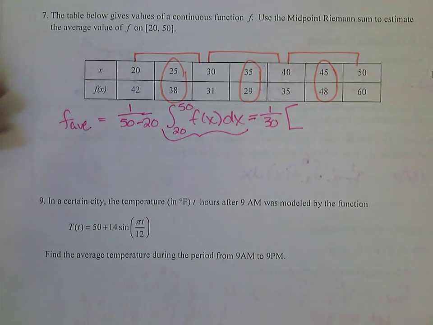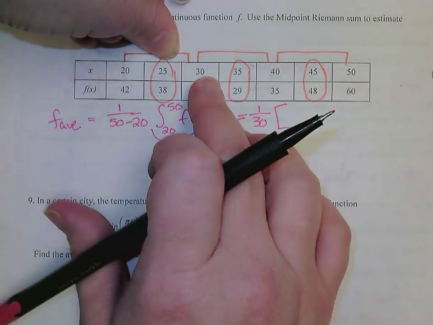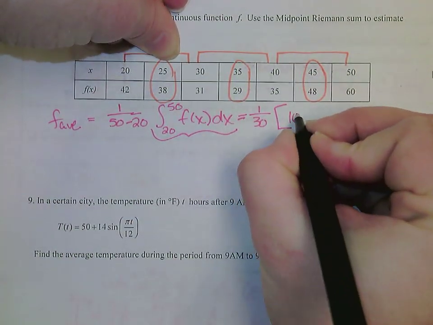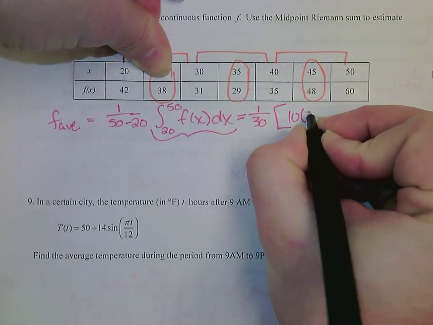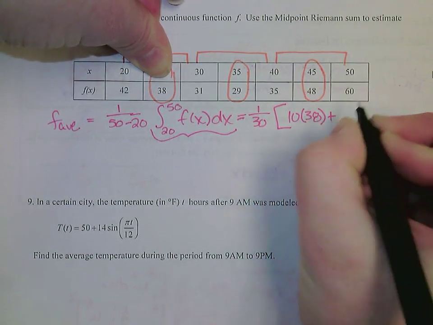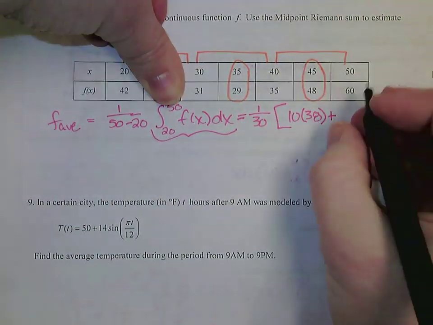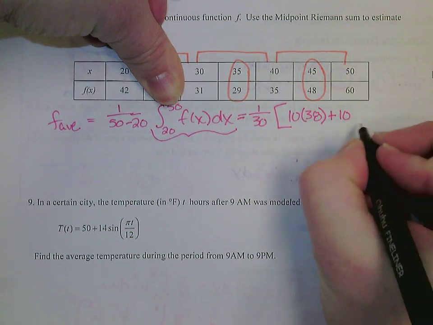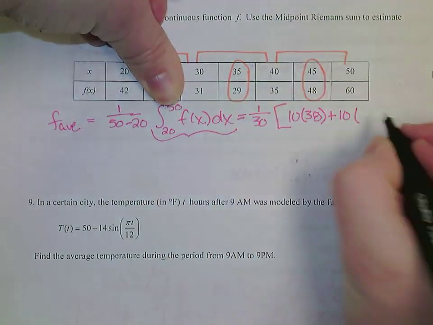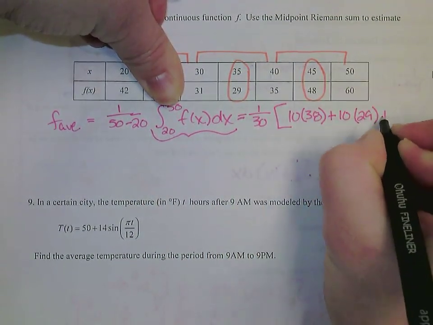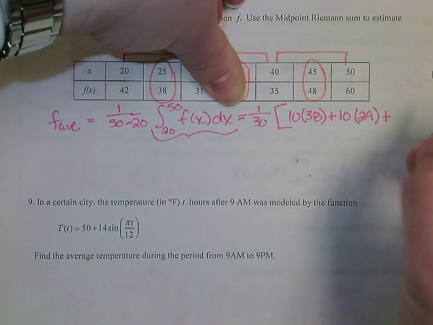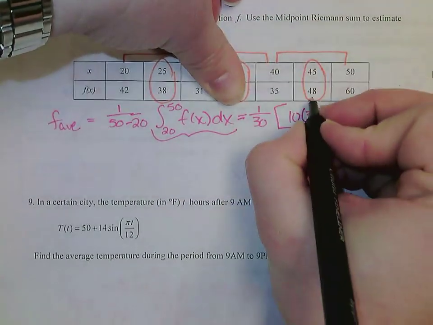My first interval from 20 to 30 has a width of 10 and a midpoint height of 38. My next interval from 30 to 40 also has a width of 10 and a height of 29. I'm using the midpoint. My last subinterval has a width of 10 and a height of 48.